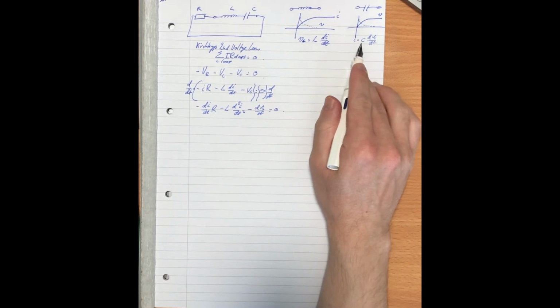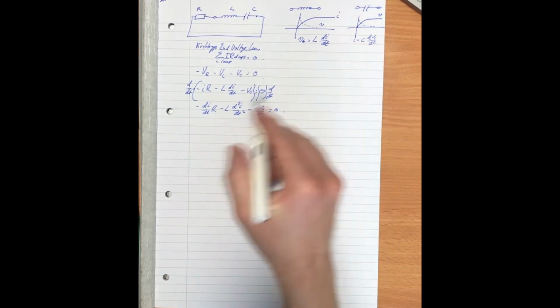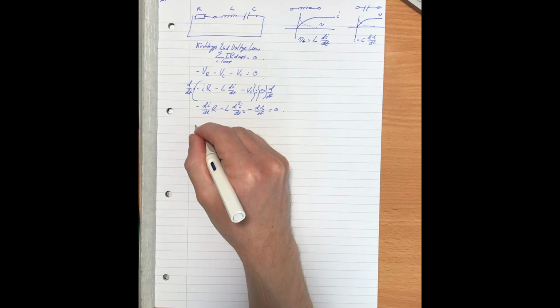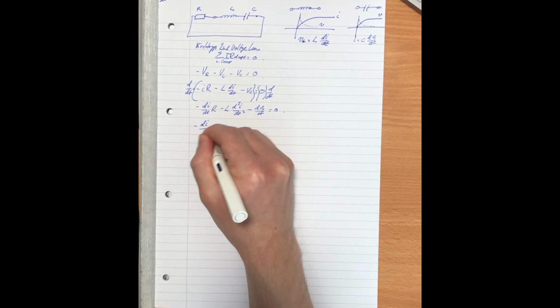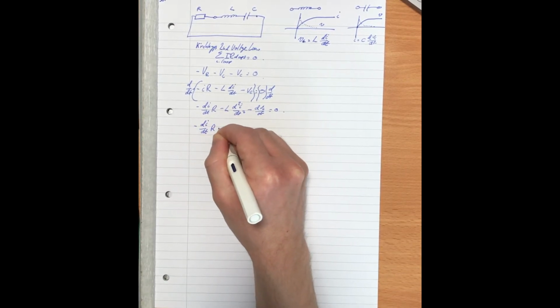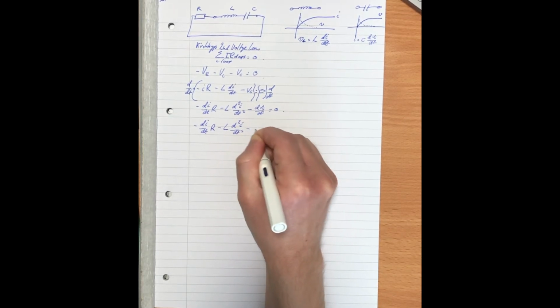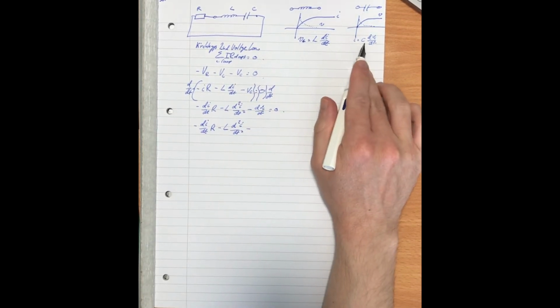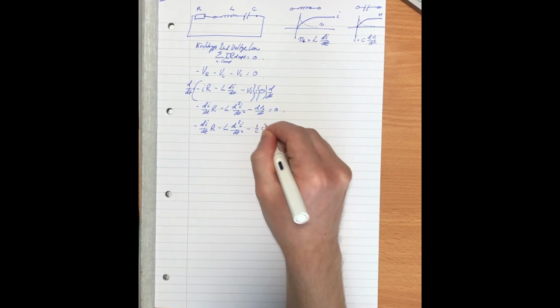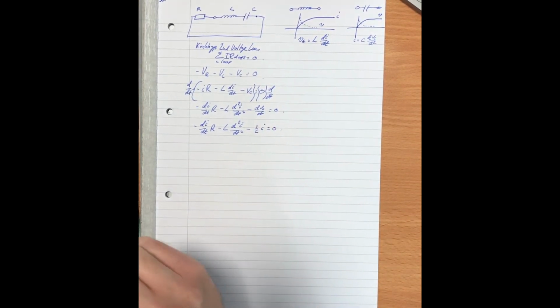And since we know that I equals C dVc by dt, we can rearrange that, and we can say minus di by dt R minus L d2i by dt squared minus 1 over C I equals zero.